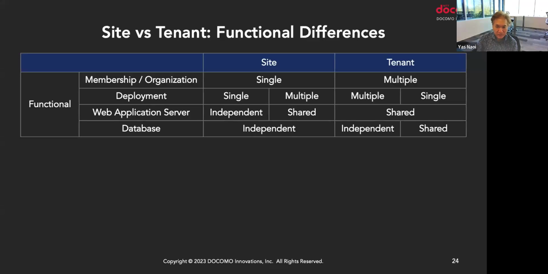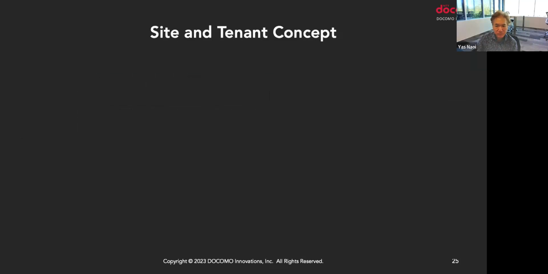On the other hand, the tenant shares the resources such as web application server, database, and static files and assets. The tenant concept and architecture are used for SaaS, software as a service, like Slack, Gmail, Salesforce, and so on. So now let me start with site and tenant as a part of the multi-tenancy concept, because we need to distinguish site and tenant.